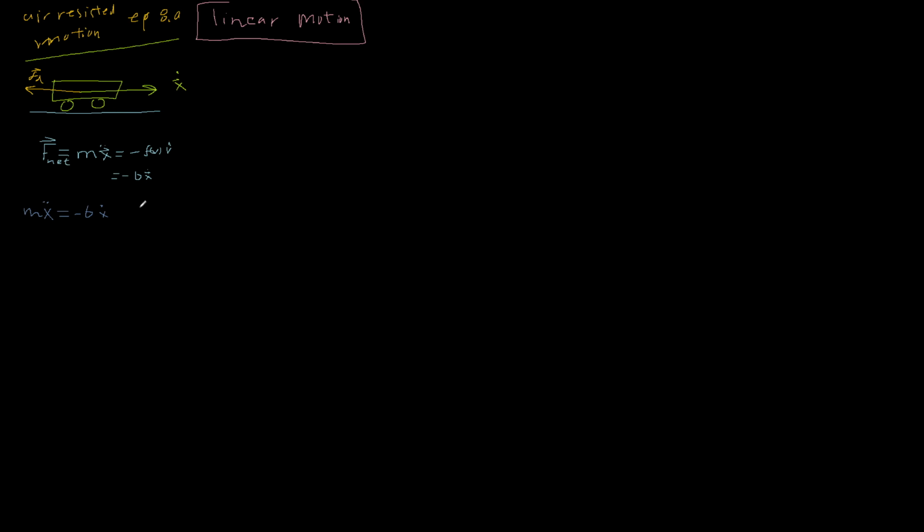I'm going to use this simplification: tau equals m over b, and divide by m on both sides. So we get x double dot equals negative x dot over tau.